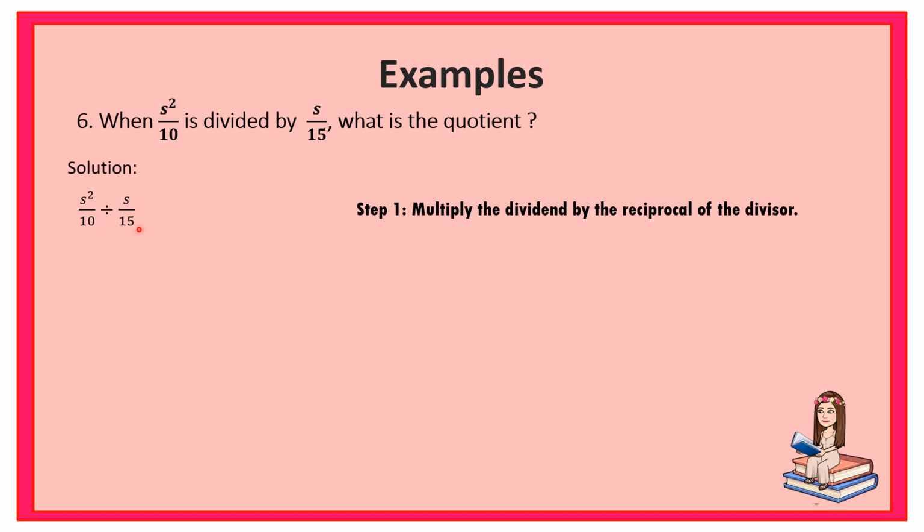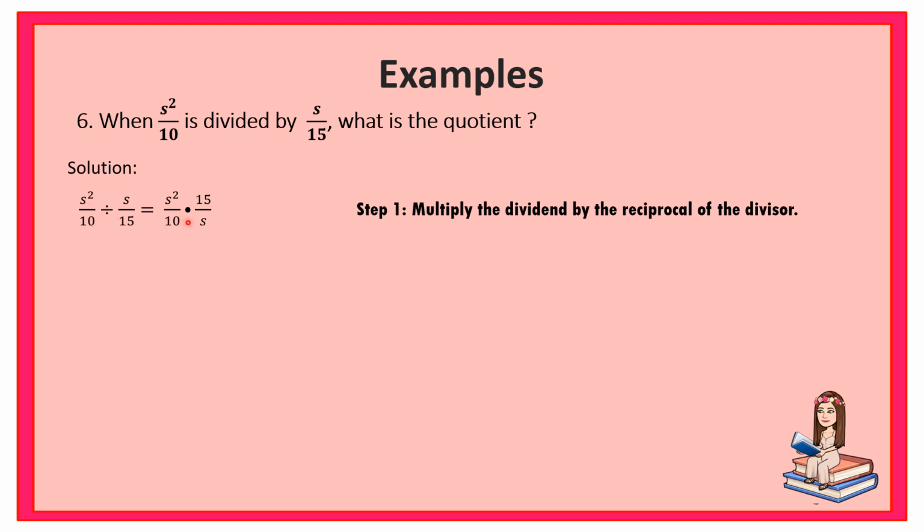At katulad ng process natin sa multiplication, pinafactor din natin siya. Pero, bago mo siya i-factor, kailangan mo munang kunin ang reciprocal ng divisor. Alin po ang divisor? Yung pangalawa. So, let me rewrite that. That is s squared over 10, kinopya ko lang.